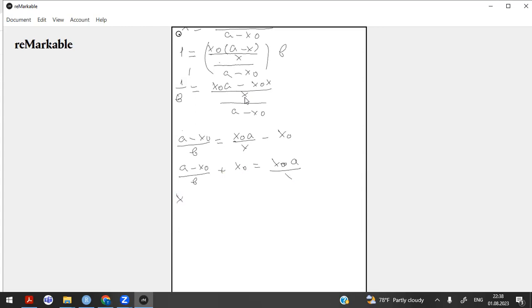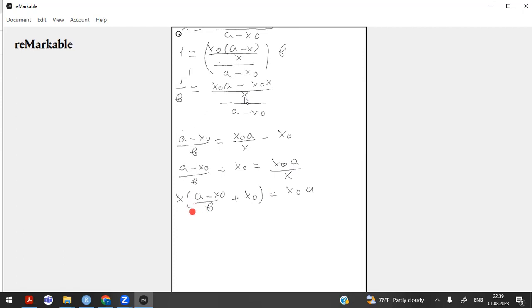So we will get x multiplied by a minus x0 over b plus x0, here we have x, right? And then we will have x0 a. Okay.